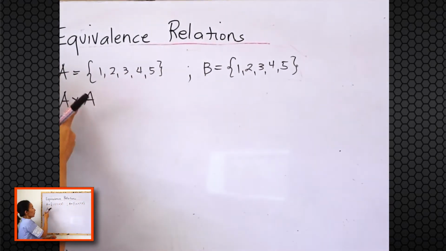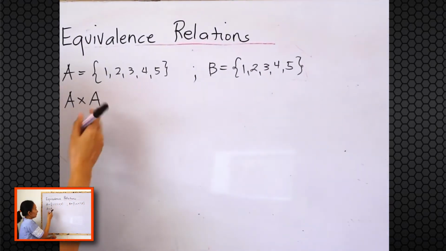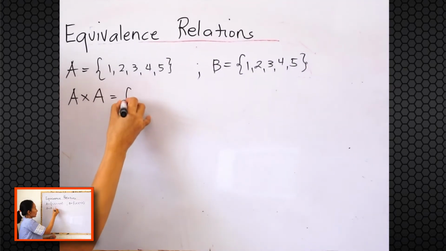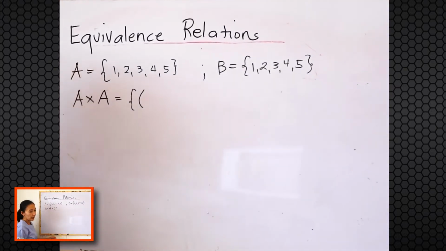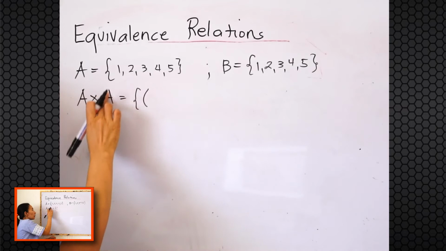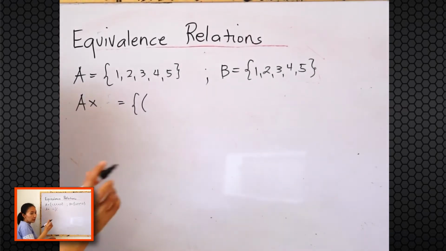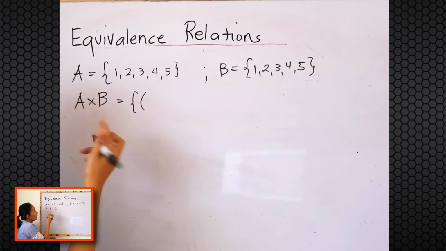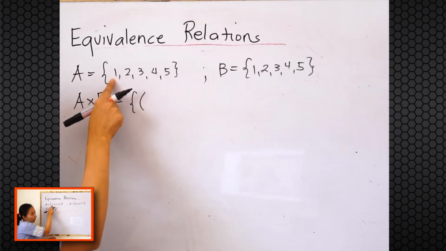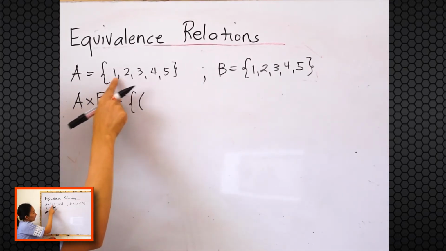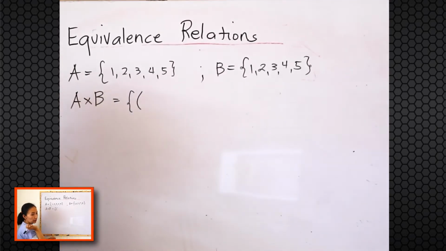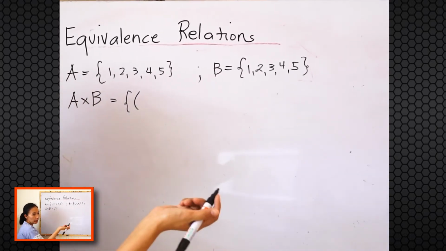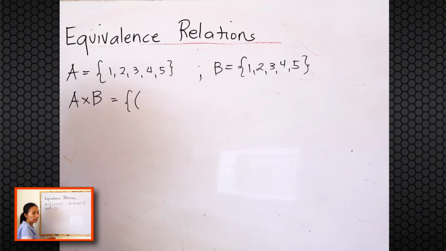So A cross A, or A cross B to be consistent with what appears in your handout or on the slide, pairs all the elements of A to the elements of B. So we shall come up with a set of ordered pairs.